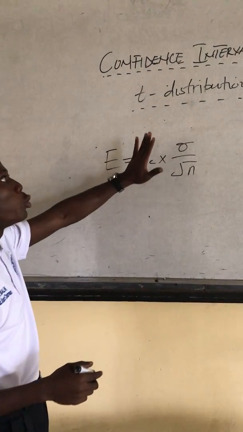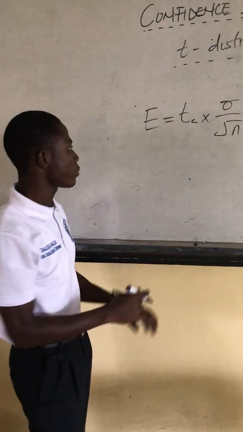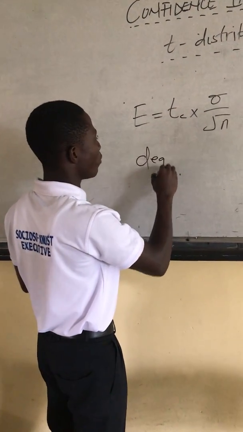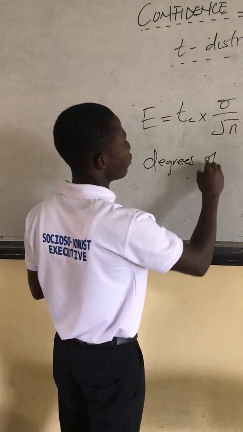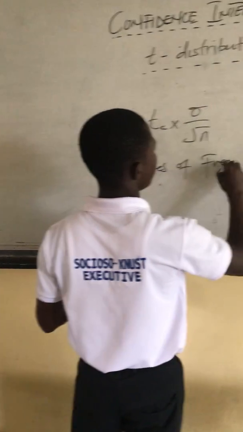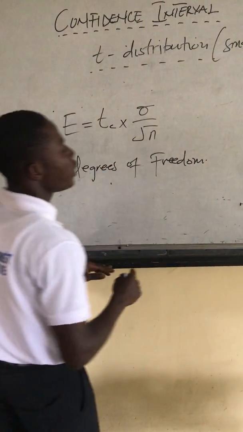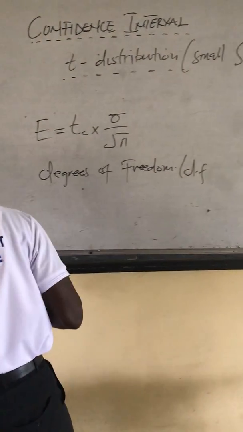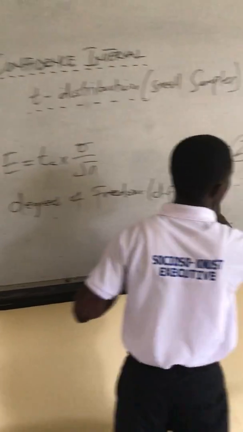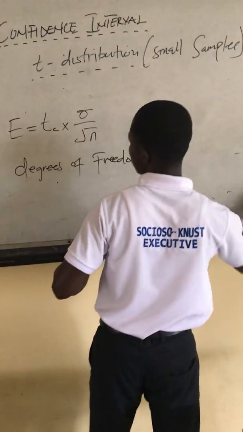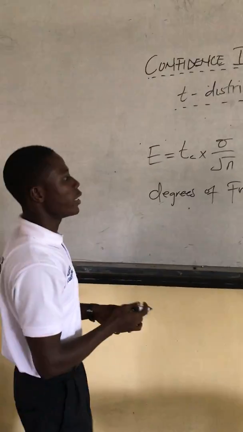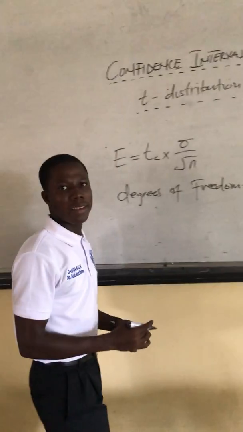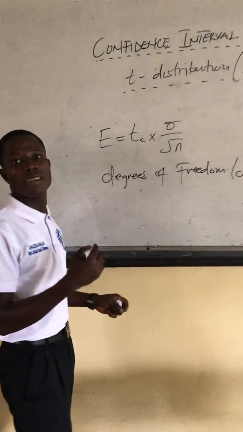But with the t distribution, it has something we call the degrees of freedom. And with the degrees of freedom, that's df, we subtract 1 from our sample size given.